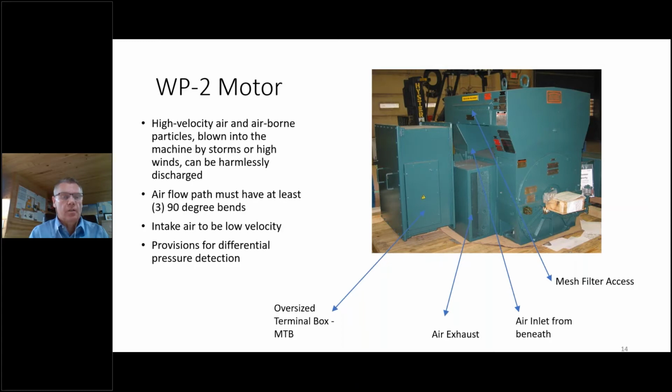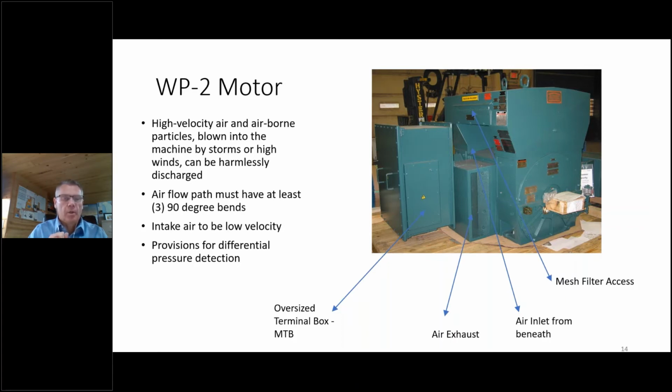The significant difference with a WP2 is the second bullet point. As I said in one of my earlier slides, outside air is brought in and used to cool the internals of the motor. That outside air goes through a filtration system, but with a WP2 motor, it has to make at least three minimum 90-degree bends, and part of that is to knock out particulates.